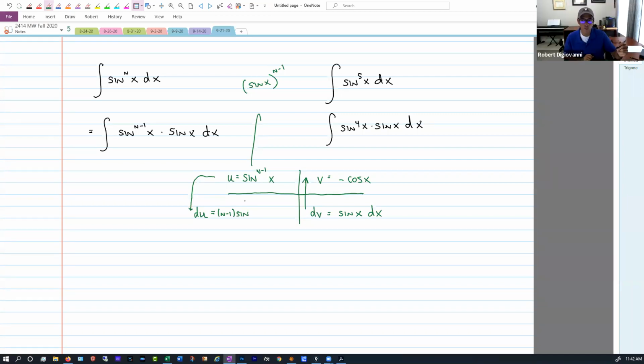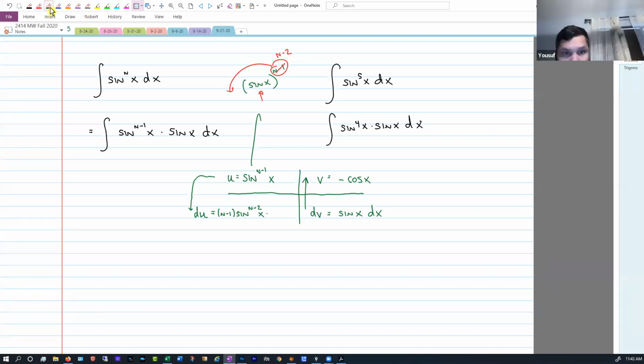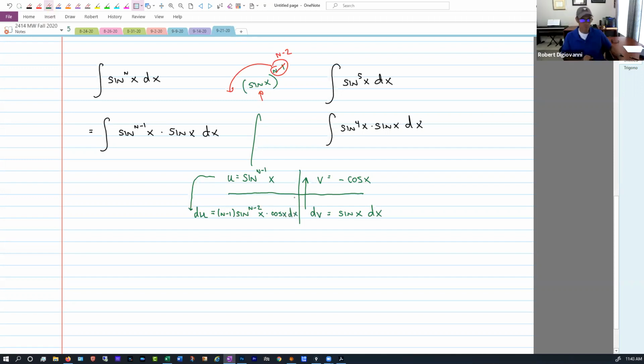So when we take one more away, we have n minus 2. Is that okay, everyone? Now, what do I still have next to that? I'm not done. All that was the power. All I did was bring the power out and subtract 1 from the power. I still need to take the derivative of what's inside. So cosine x dx. All right, that's where we are, right?